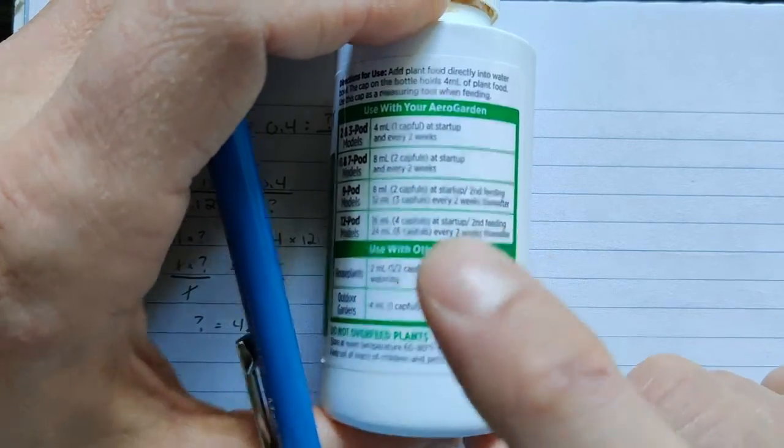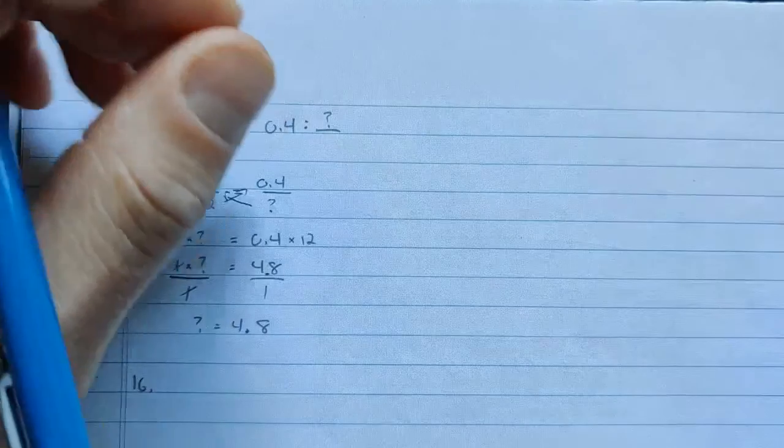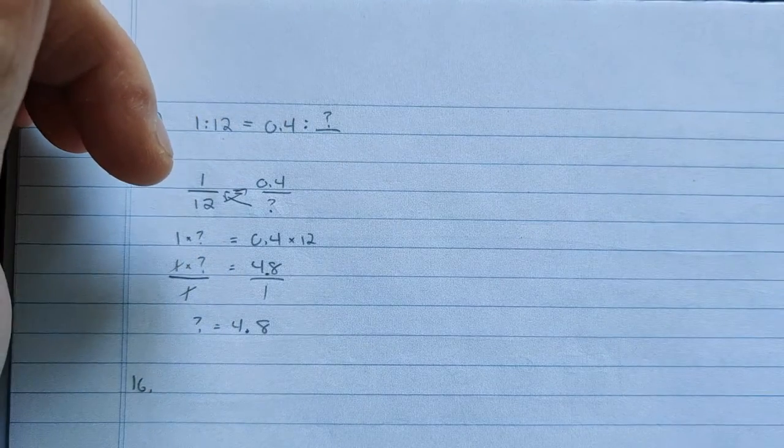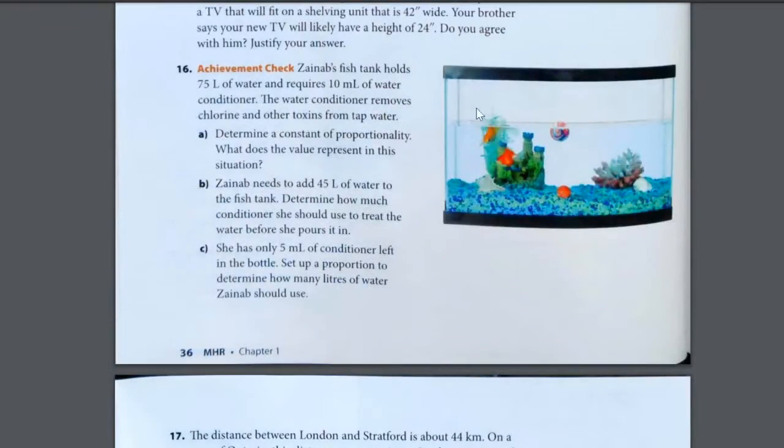So they use this material to the water, and if we compare that to the situation we have in the book here, we're putting conditioner in the water. The amount of conditioner we use is going to depend on the amount of water we use. So that means we want the conditioner to be the first thing because it depends on the water.